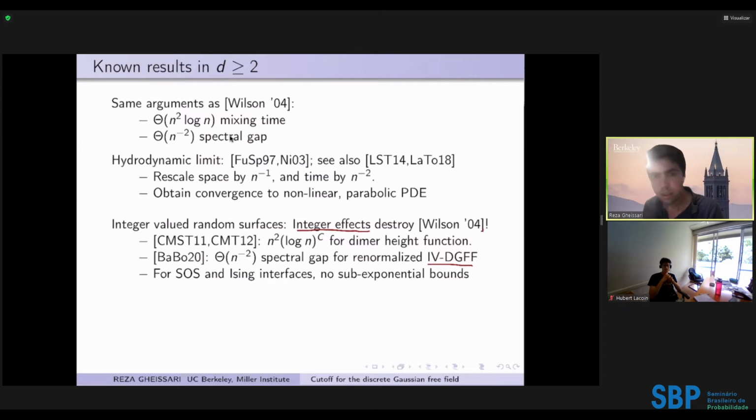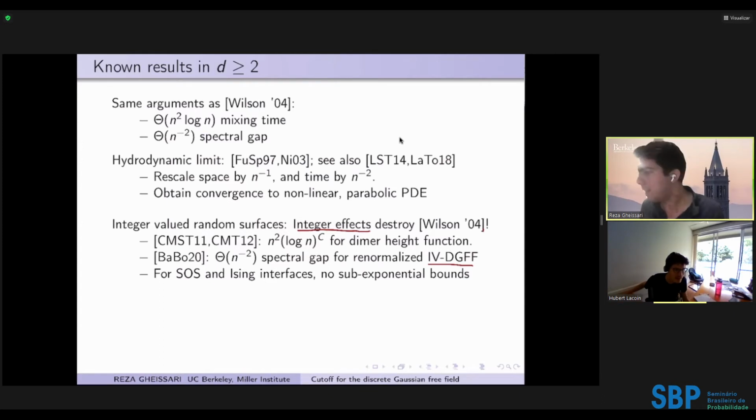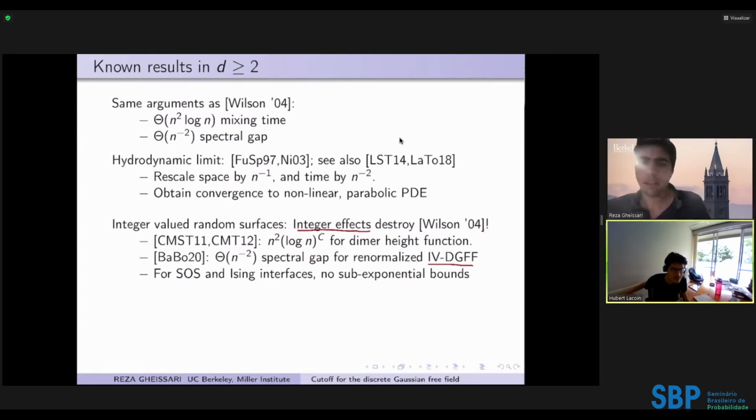So indeed, sorry. Do you see what slide do you see here? There are no numbers in the slide, so the slide I see is the one still with the known hydrodynamic limit and integer-valued random surfaces. Okay, 1 second.